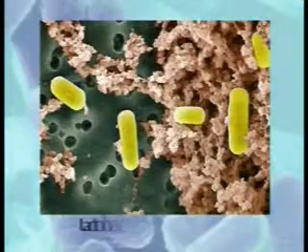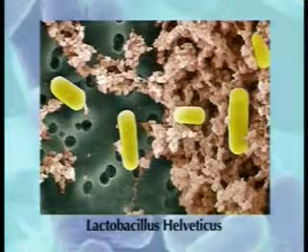Breakdown of sugars by yeast is a common example of fermentation. In this process, carbon dioxide is released. Similarly, lactic acid fermentation of milk is carried out by lactic acid bacteria such as Lactobacillus.